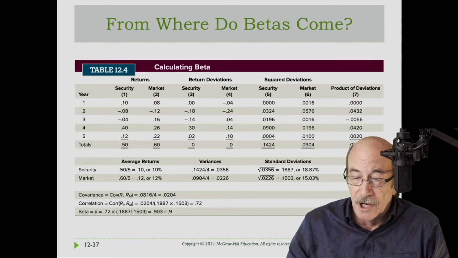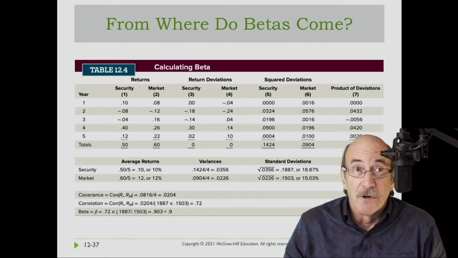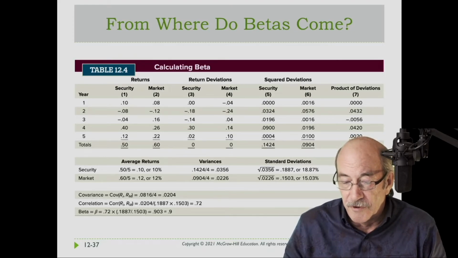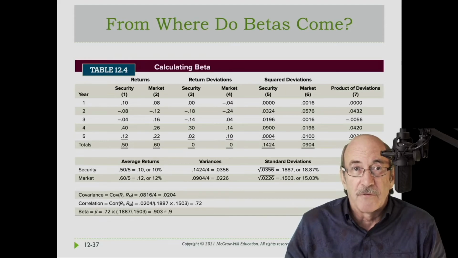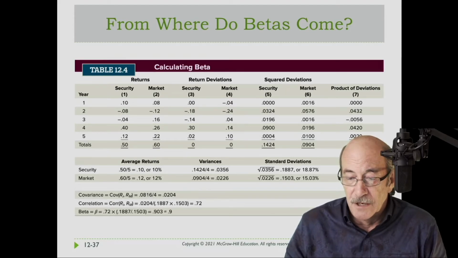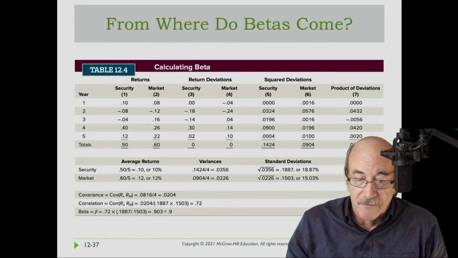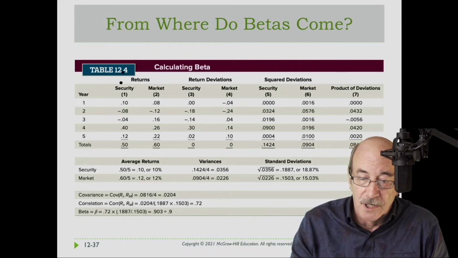And then the authors go through how to actually calculate these things. You all are doing this on your own, so I don't see the real value in walking through this. If you want to go back through it, you certainly can. If you have questions, just let me know. But we've got various returns for the security. We've got returns for the market. We've got deviations from the mean.